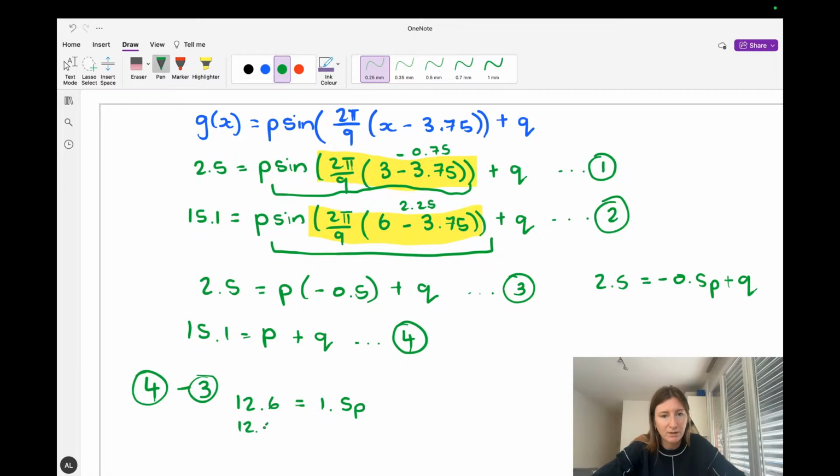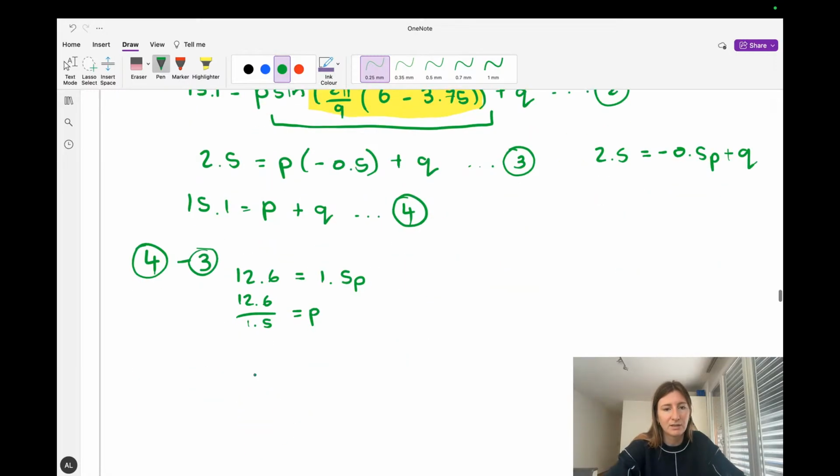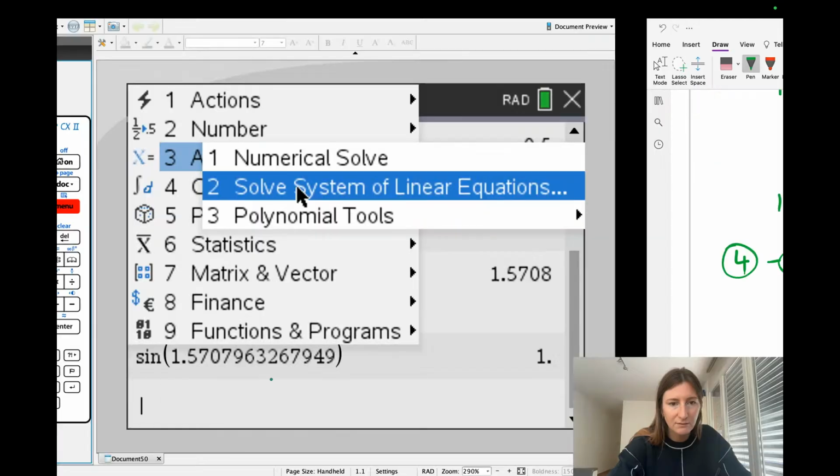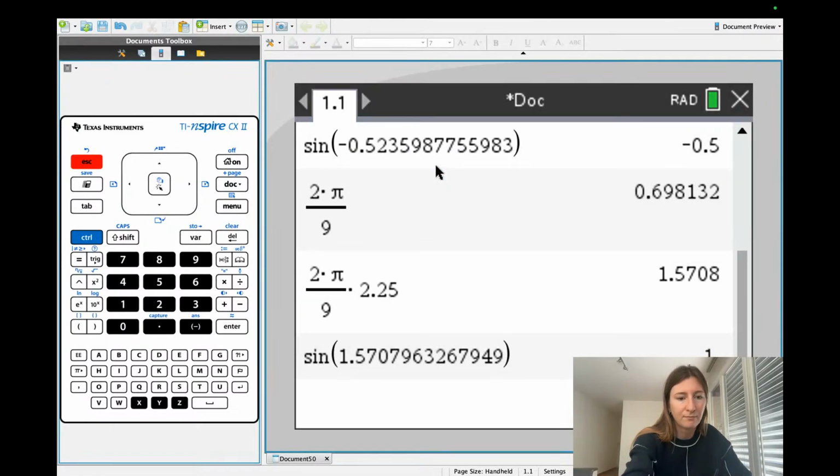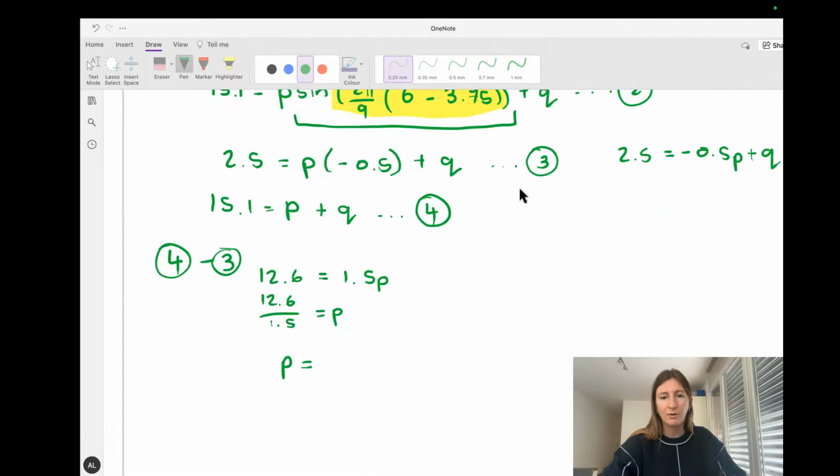So now 12.6 divided by 1.5 equals P. What is that? I think I did that already to save time. No, I didn't. 12.6 divided by 1.5. 8.4.